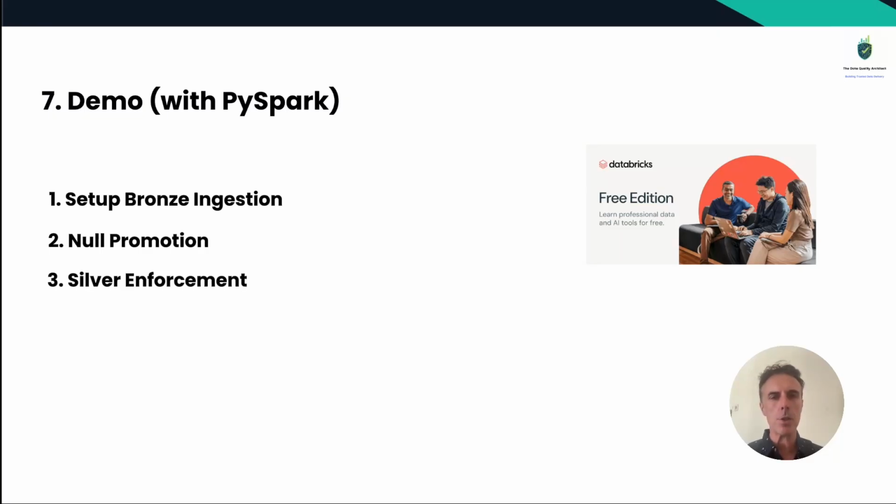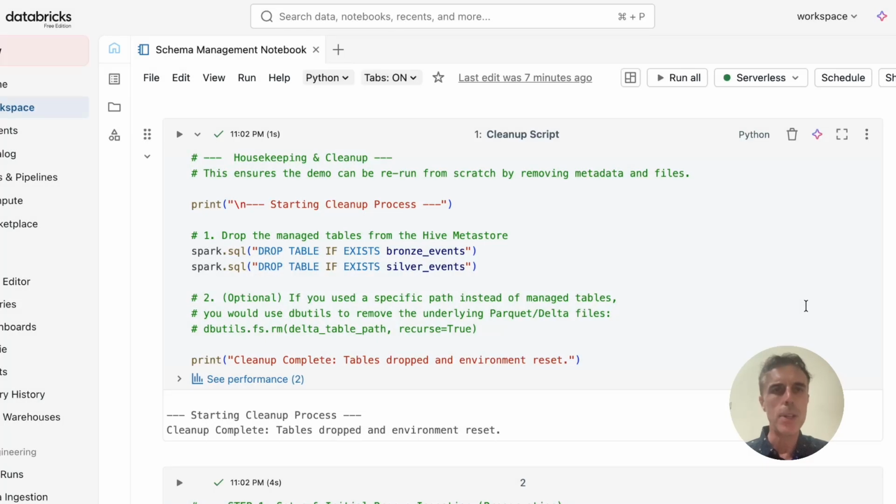Then moving on to silver ingestion, applying strict data quality. This is where schema enforcement will come in, using a SQL DDL and check constraints. Finally, we'll look at the overwrite schema functionality, the ultimate reset button for your schema. Okay, so let's jump in.